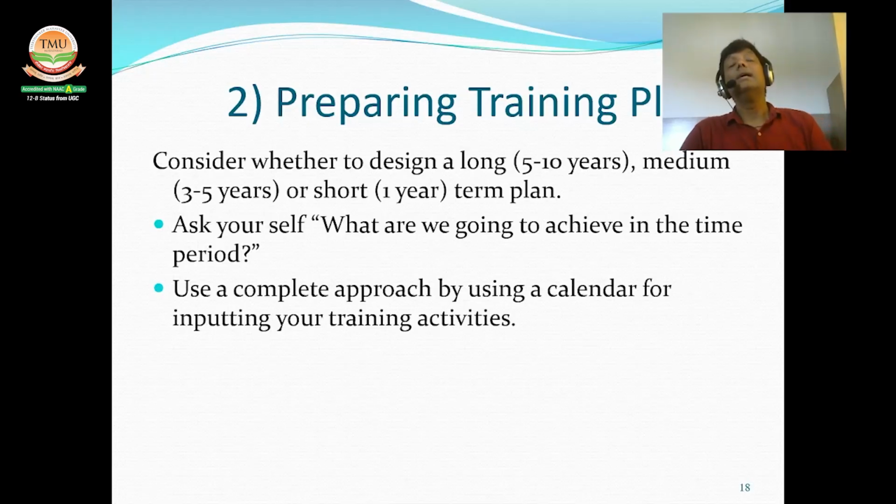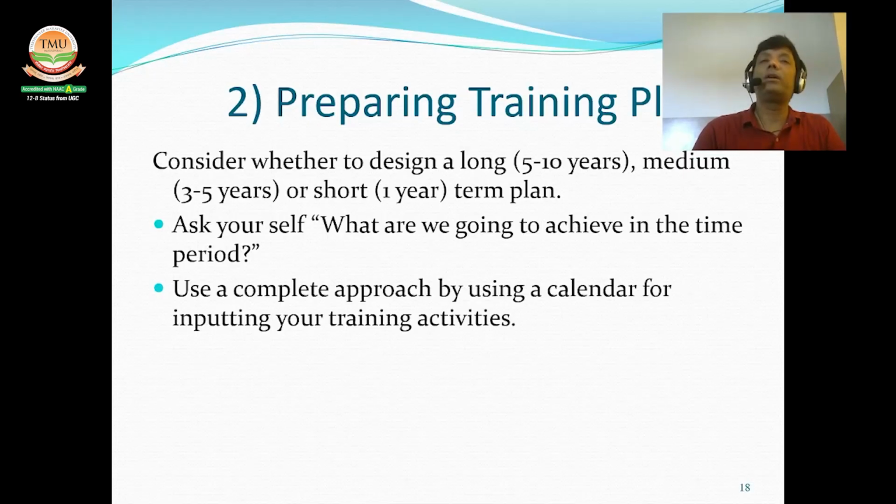These are the 3 points you have to pay thorough attention to while preparing a training plan: whether it should be long-term, medium-term, or short-term; what objectives we want to achieve in this time period; and then we have to properly prepare a calendar.